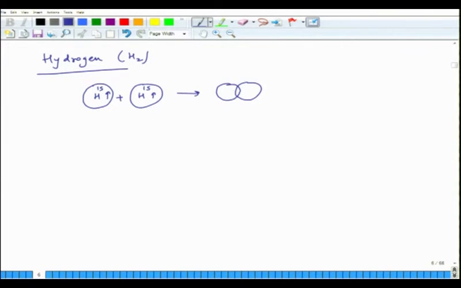When they interact with each other one spin would be up, another spin would be down. So this would be H, and they would form what we call H2 molecule, which is a covalent molecule, and you can see that the orbitals can interact with each other because they are spherical, symmetric orbitals, and they just have to share one electron each.